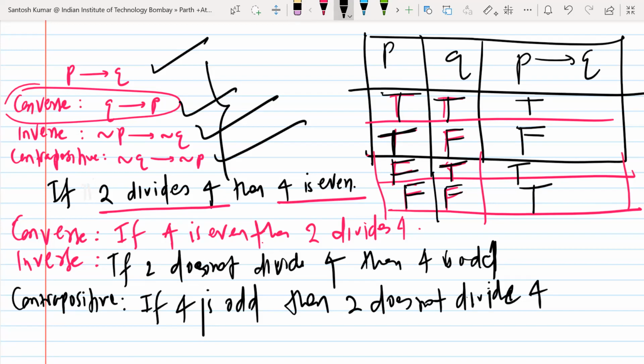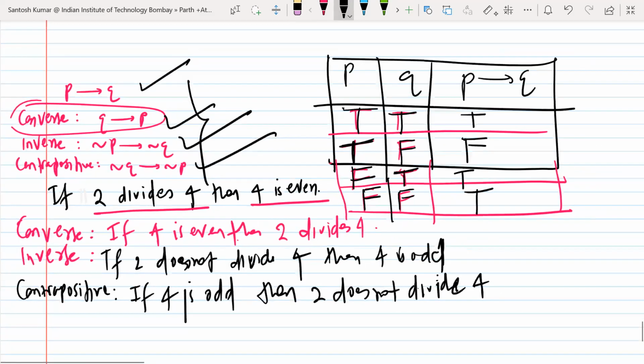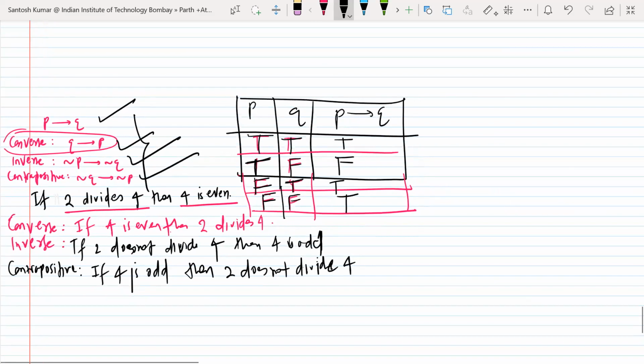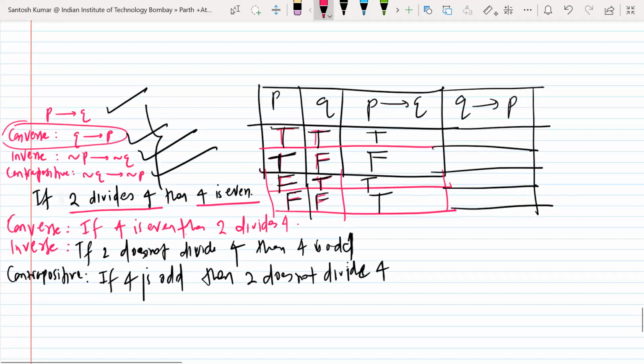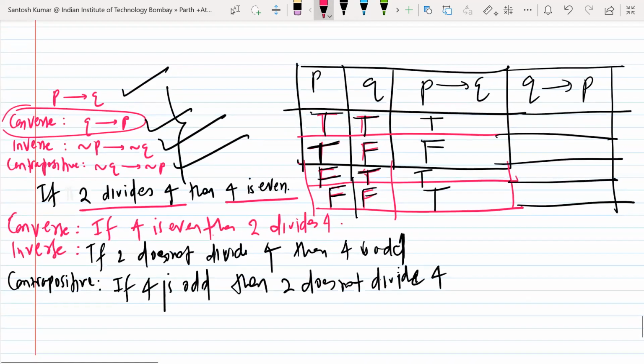What is the truth table for not q, not p implies not q? So now I would like to write not p implies not q, but first let's write for q implies p. So let's write truth table for q implies p. Yeah, so what can we write about q implies p?